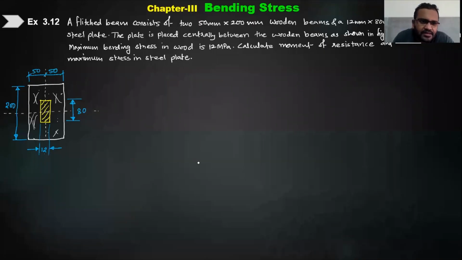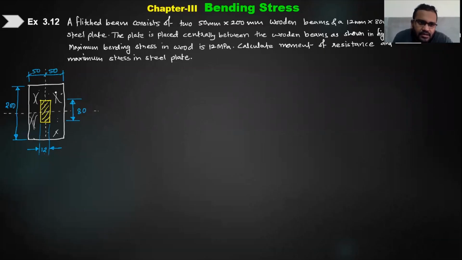A flitch beam consisting of two 50 mm cross 200 mm wooden beams and a 12 mm into 80 mm steel plate. As you can see, 250 cross 200 is the section, at the center of which we have inserted a steel plate, a rectangular cross section whose dimensions are 12 mm cross 80 mm.